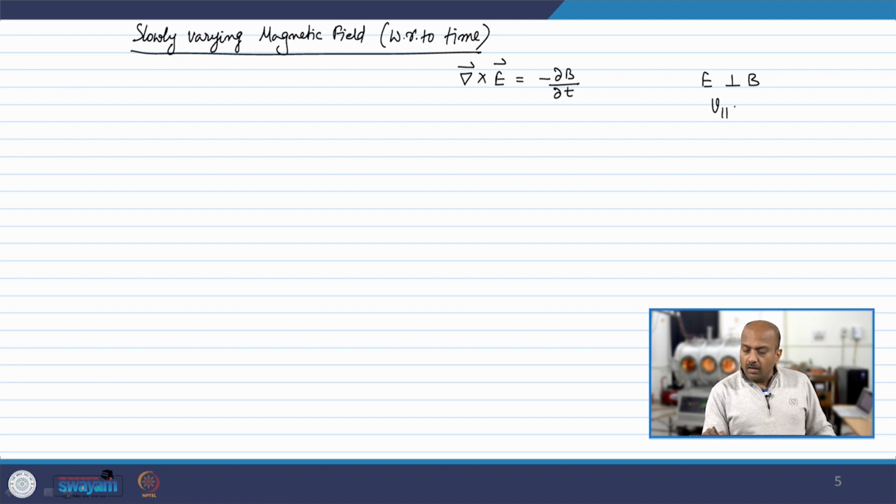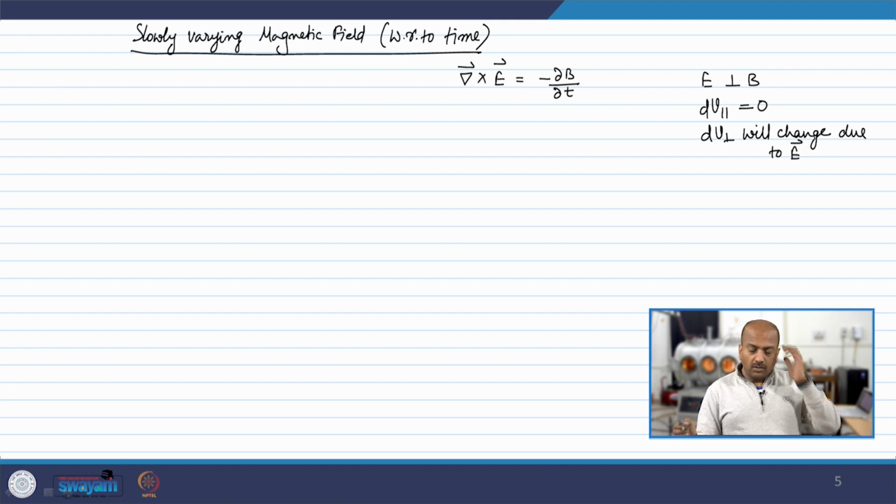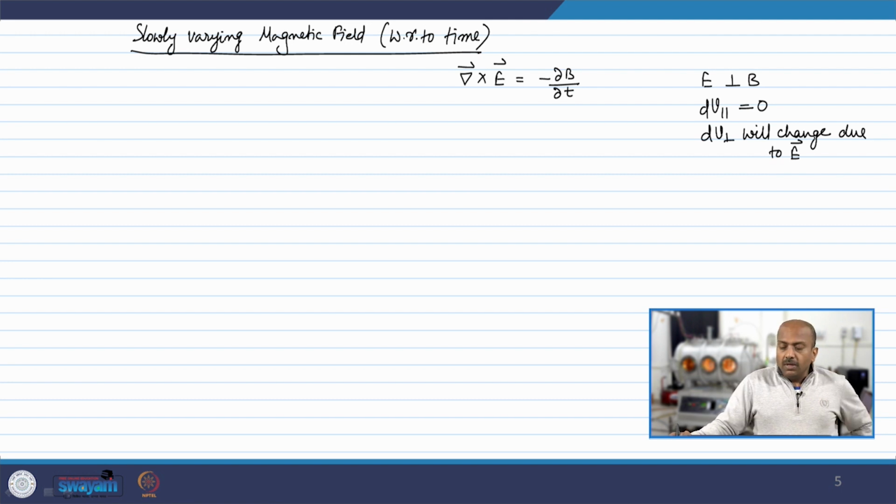V parallel will remain constant, V perpendicular will change or will be non-zero due to the electric field. So, this electric field is secondary, that means it is generated by the magnetic field. That means now we have a provision where the magnetic field is creating an electric field, and this electric field is now acting on the particle and accelerating the particle, right.